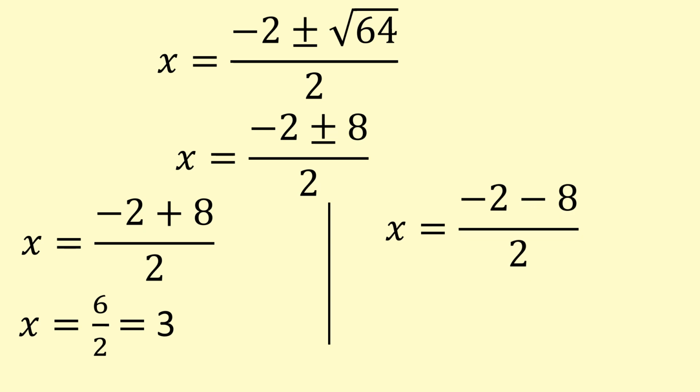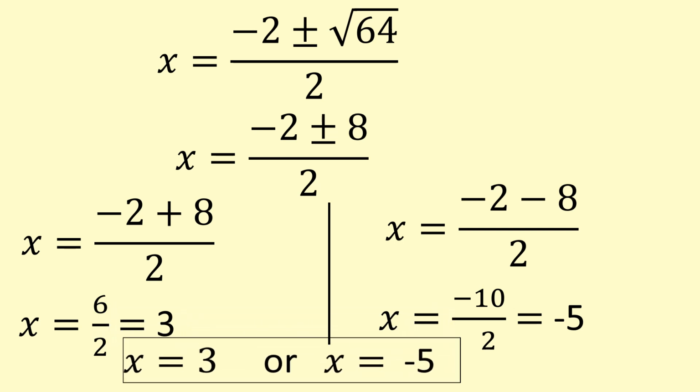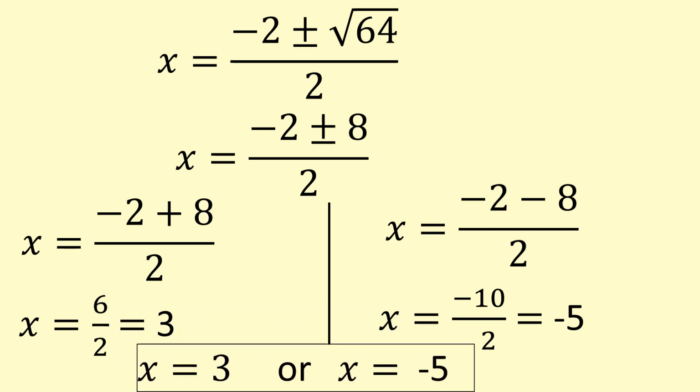And then we'll do the other part, the negative part, minus 2 minus 8 this time around over 2. And then we have x is equals to minus 10 over 2. Minus 2 minus 8, you are owing 2, you owe another 8, you now owe 10. So we have minus 10 over 2, which is equals to minus 5. So that shows us that x is equals to 3 or x is equals to minus 5.